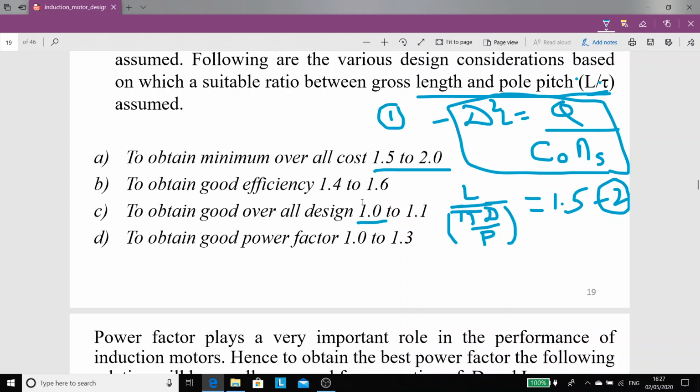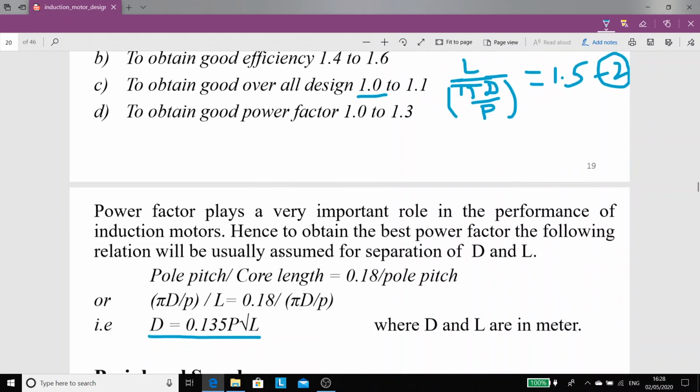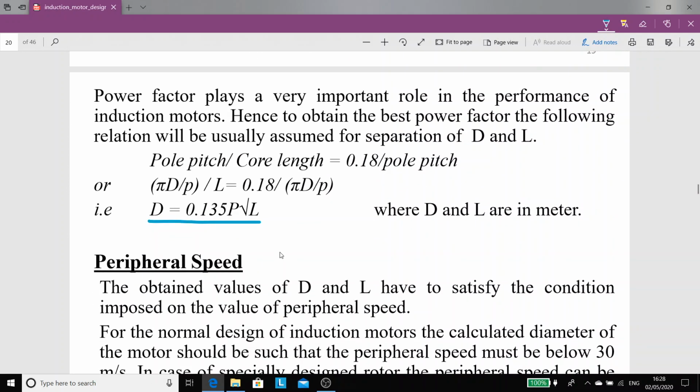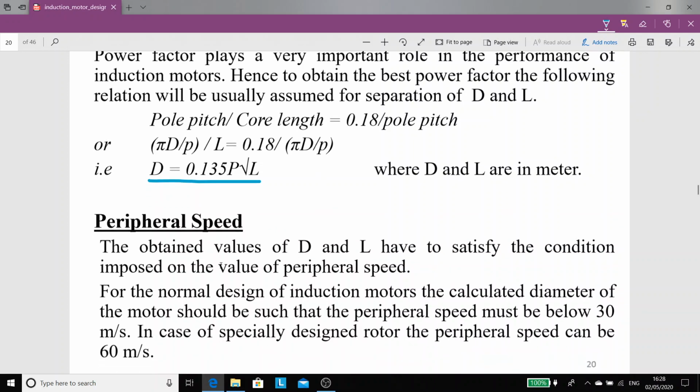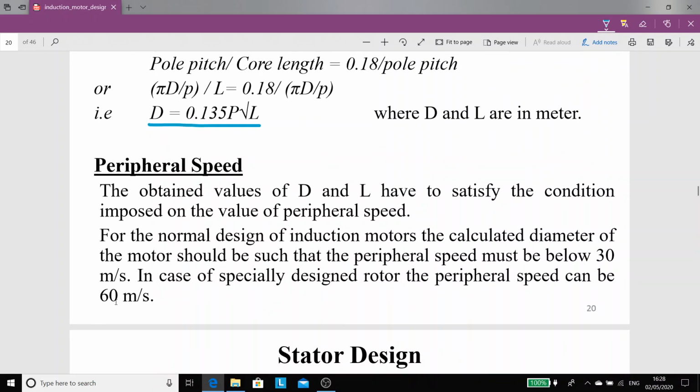So that's why when you calculate this D and L, you have to check the peripheral speed, and if it is less than 30, then it's okay. But if it exceeds 30 meters per second, we have to revise our design by changing the ratio of length to pole pitch. In that case, we have to increase our ratio of length to pole pitch from what we took initially. So that is the higher side restriction to avoid the higher peripheral speed, which is not permitted with the general purpose material which we are generally using.